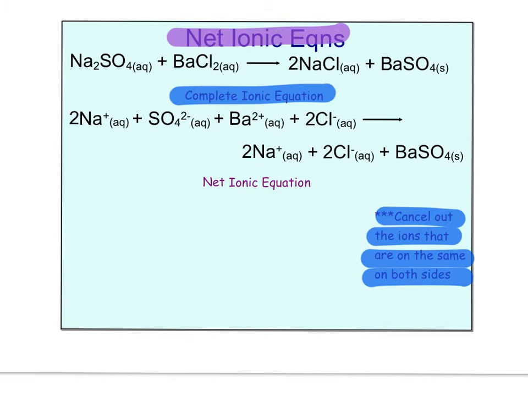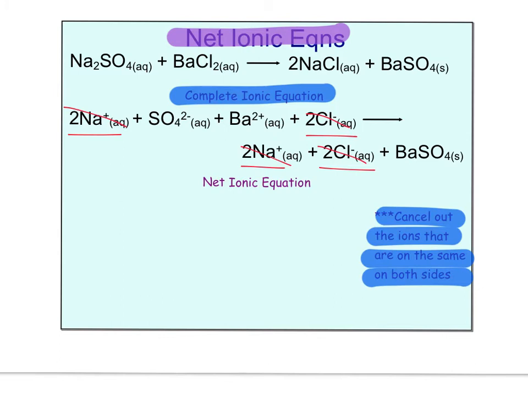So I notice that there's 2 chlorines on both sides. Now notice how these are the exact same: 2 Cl-, aqueous. I also notice 2 sodiums: 2 Na+, aqueous. And that's it. Those are the only things that are exactly the same.